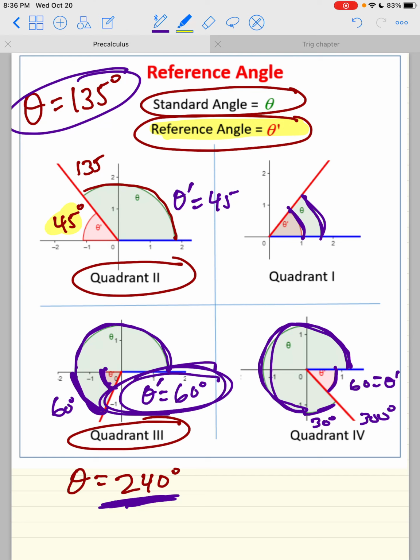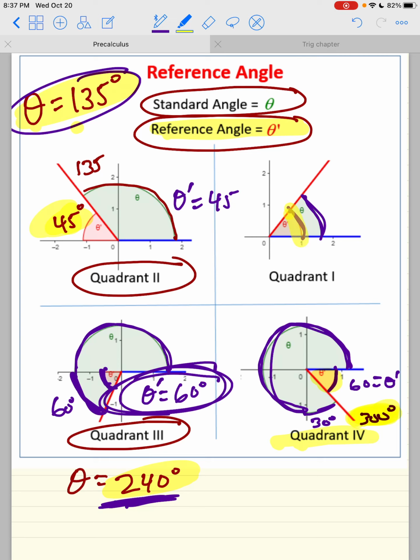So here, I actually did 180 minus the standard, and I got 45. Here, I actually do the standard minus 180. How about in quadrant 4? What do we do in quadrant 4? Well, in quadrant 4, in order to get the 60, I'm going to actually do 360 minus the 300. Okay? 360 minus the standard angle.